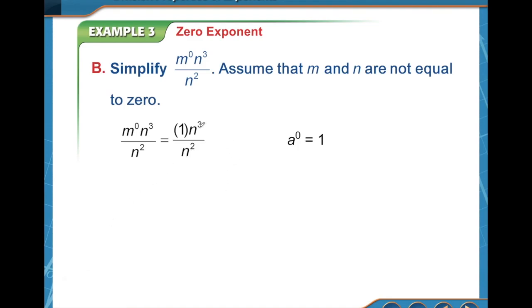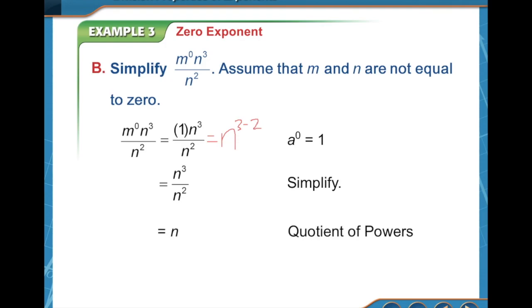Well, the answer is yes. N cubed over n squared with the same base is the same thing as n to the power of 3 minus 2. And we know 3 minus 2 is just 1. So what is another way to say this same phrase? Well, n to the third, or n cubed, over n squared is just n. N to the first is just n, using our quotient of powers rule.